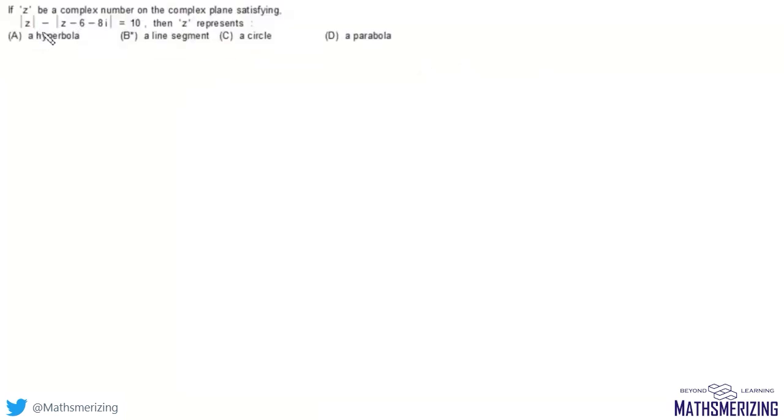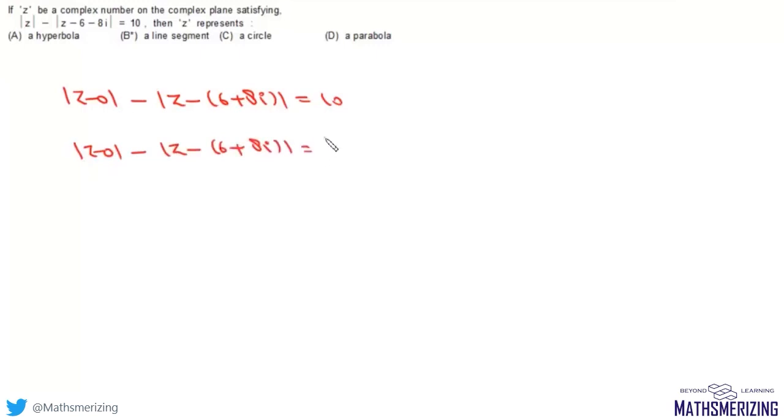Here the question is, if Z be a complex number on the complex plane satisfying mod Z minus 0 minus mod Z minus 6 plus 8 iota equals 10, then Z represents what? Now here we can also write this as mod Z minus 0 minus mod Z minus (6 plus 8 iota), and it is equal to mod of 6 plus 8 iota minus 0.